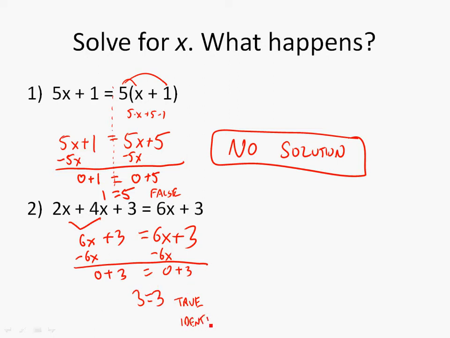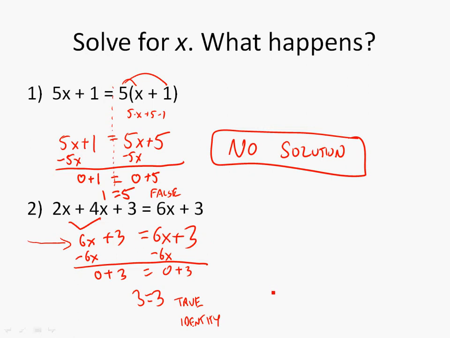You might see that word in the book sometimes. So see identity, that's what it means. You just get an equation with a number equaling the same number. Or you could even say this, the 6x plus 3 equals 6x plus 3, right there. That's also called an identity because you have the same thing on both sides of the equal sign.